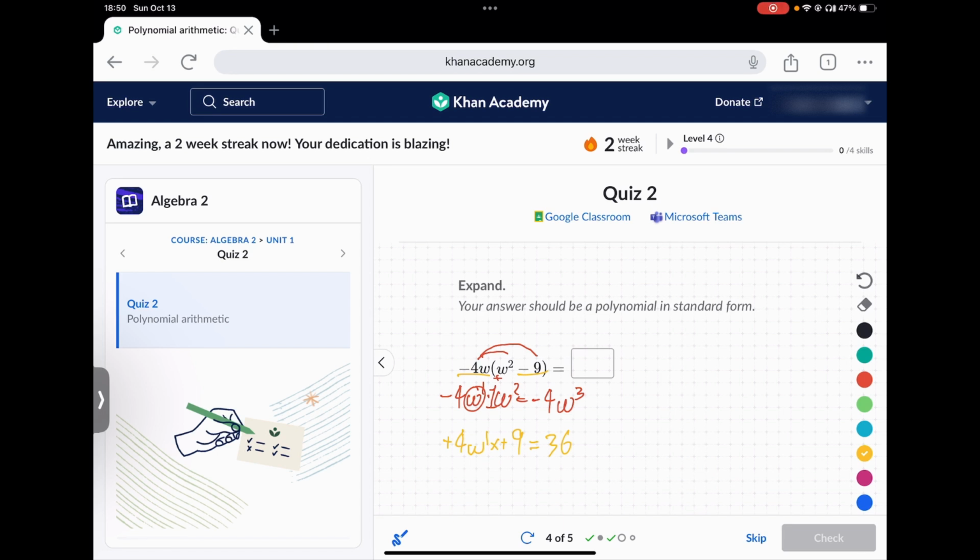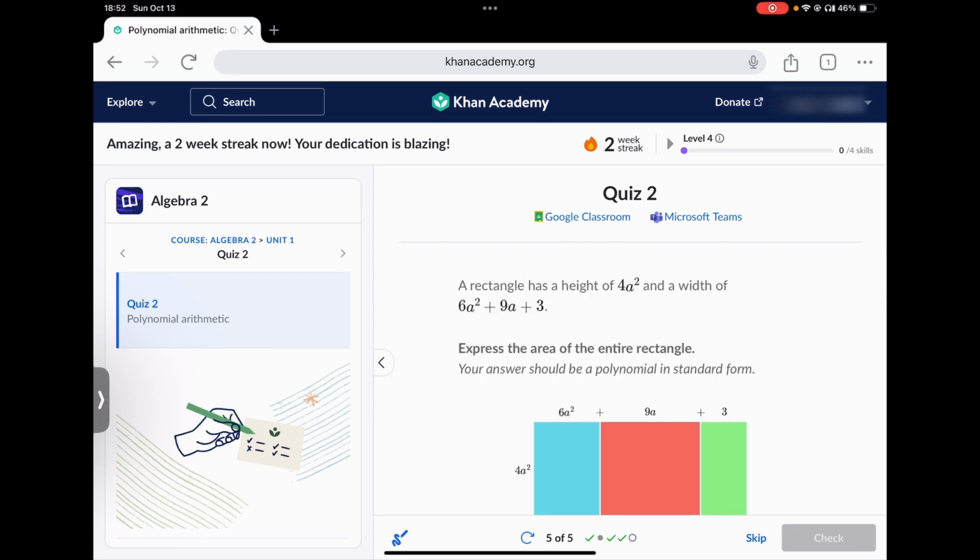And so if you add that 1 plus 0 up, it's going to be 1. So we're omitting 1 again, and it's going to be just 36w. So the answer should be negative 4w cubed plus 36w.